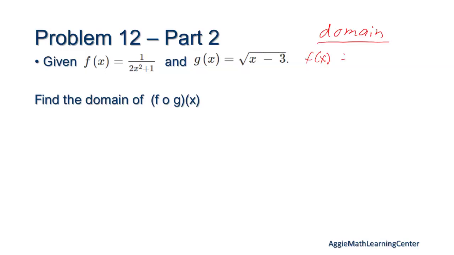And if you wanted to prove that, you could write down 2x squared plus 1 cannot equal 0. And so then 2x squared cannot equal negative 1. x squared cannot equal negative 1/2. So then x cannot equal the square root of negative 1/2, plus or minus that. And that's an imaginary number.